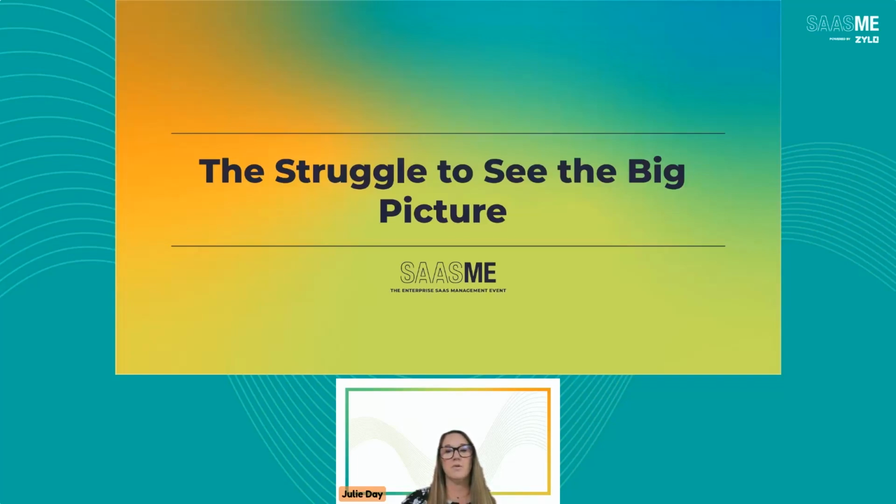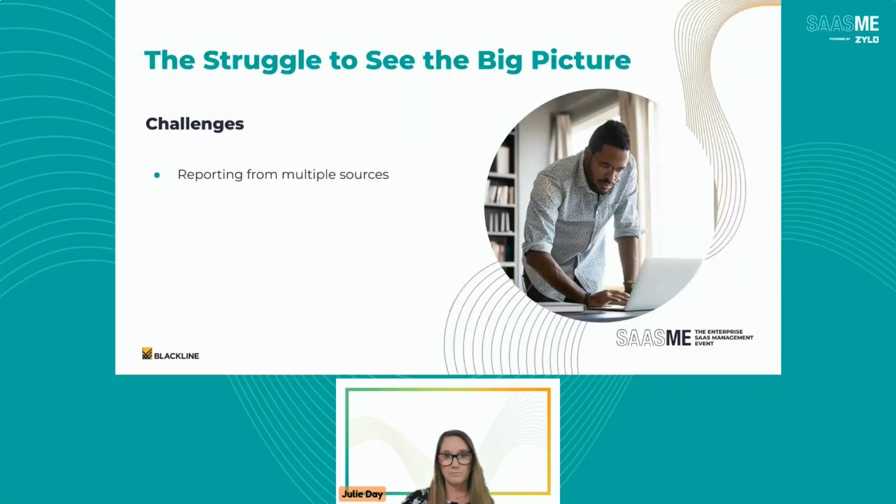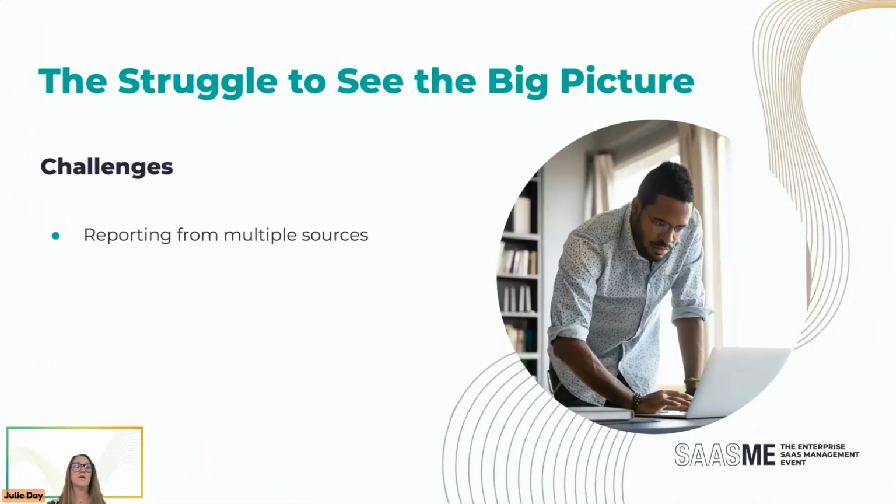When I was brought on, BlackLine had already implemented Zylo. So at the beginning, we had somewhat of a picture of what applications were being used across the company. But before I came onto BlackLine, some of the challenges were that if you wanted to gather your data and get a bigger picture, you had to get reports from multiple sources.